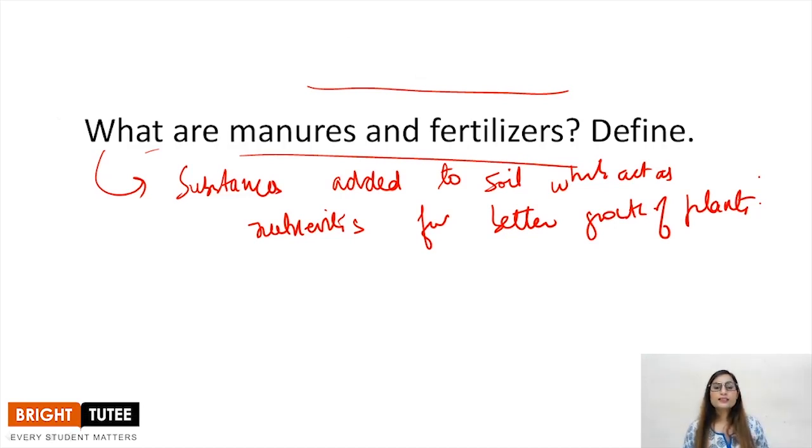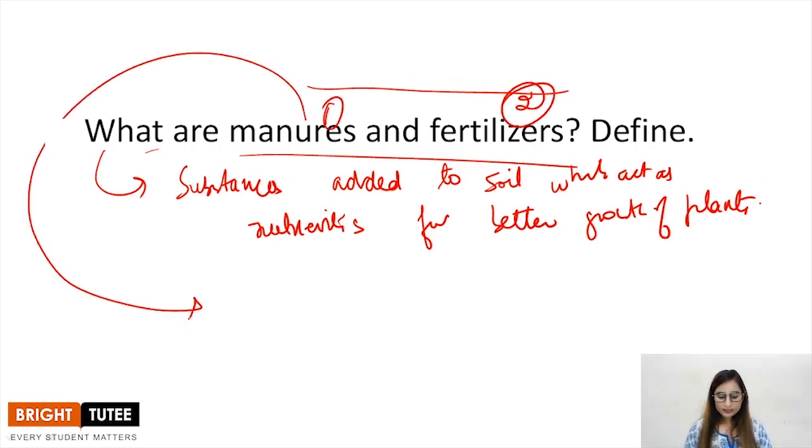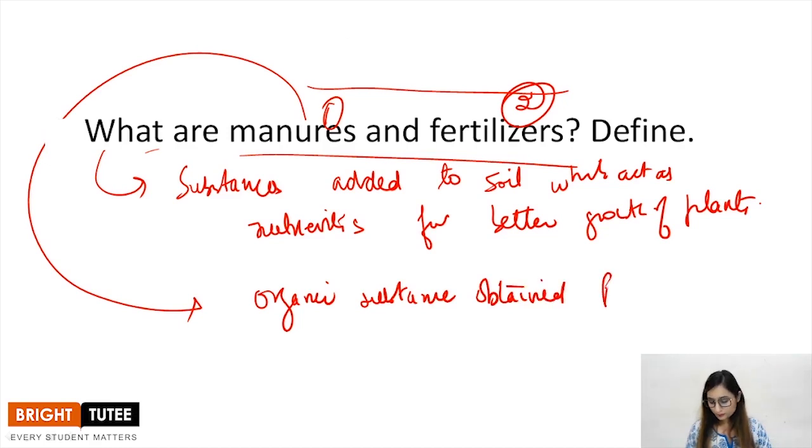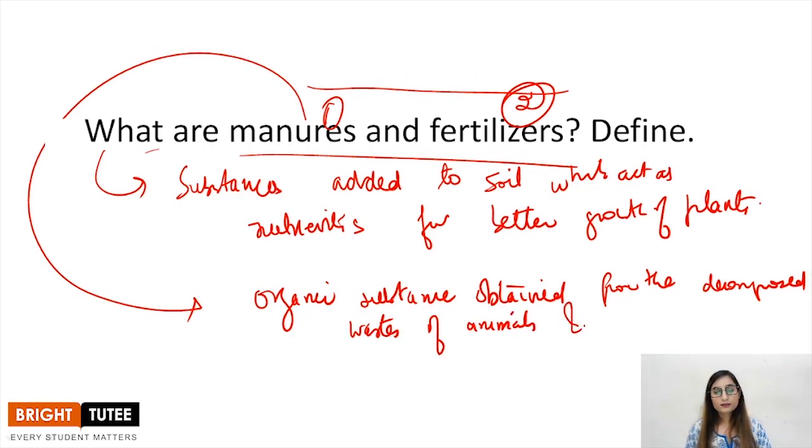So students, these substances are, firstly, manures, and second, fertilizers. Manures are the organic substances obtained from the decomposed wastes of animals and plants, right?